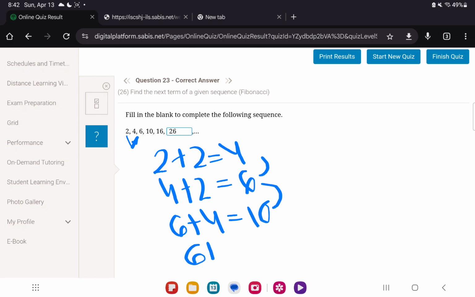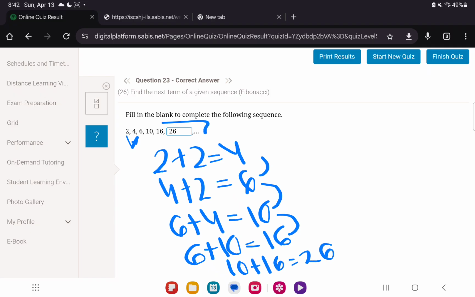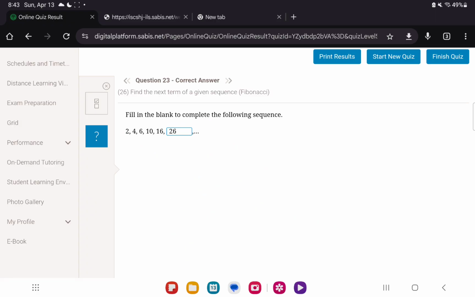So 6 plus 10 is equal to 16. And then you take these two. So 10 plus 16, and you get your second, or whatever number they want us. And you keep going. So 16 plus 26 is the one after. And then 26 plus the one we got is the number after it. Okay? Just pause the video and understand what I mean.